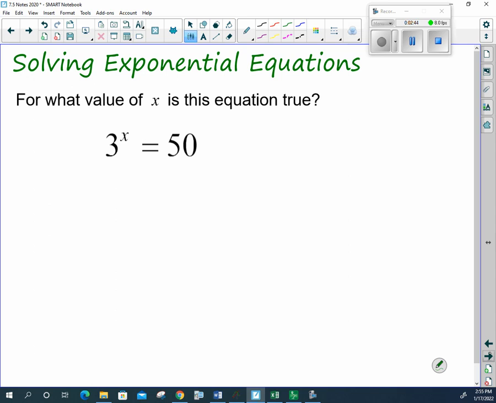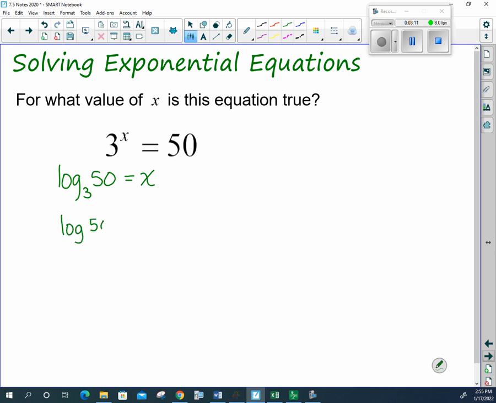Okay, so for what value of x is this equation true? So it's an exponential, so if I want to solve it, I got to write it as a logarithm. So this is going to be log base 3 of 50 equals x. Now, most of us don't have the log base 3. We only have log base 10 and natural log on our calculator. So log base 3, we'll have to use change of base. So we'll just rewrite this as log of 50 over log 3 is equal to x.